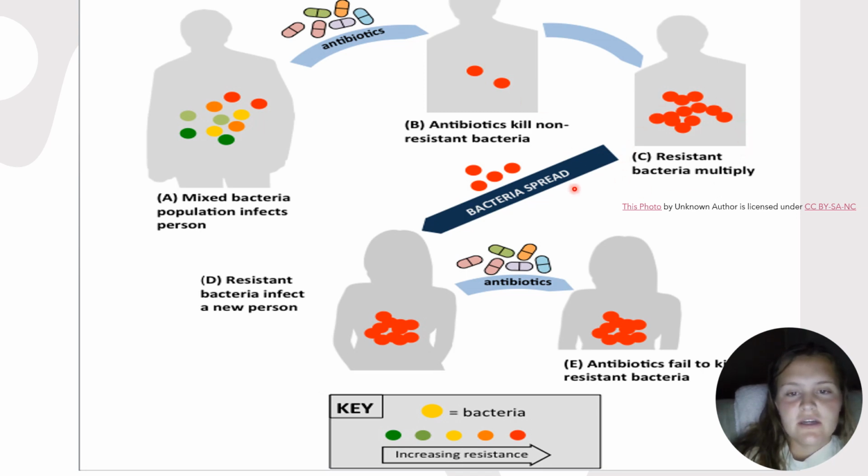So then the bacteria can be spread. So the resistant bacteria infect a new person, which then again take antibiotics, and the antibiotics fail to kill the resistant bacteria. So it starts off light, and then here in the end it's extremely resistant.